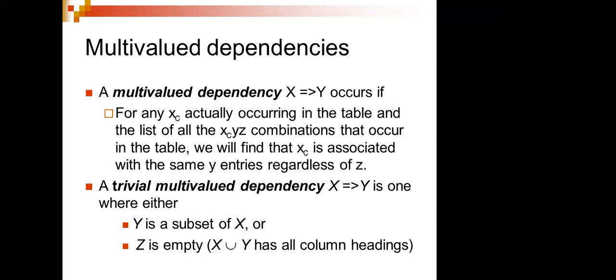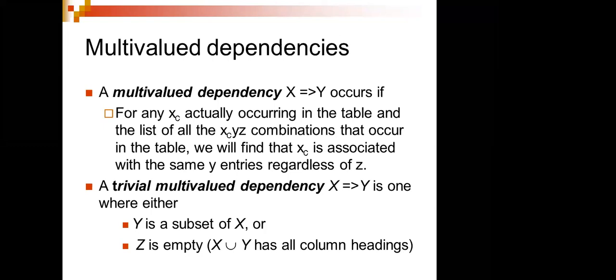Now when I go with the trivial multi-value dependency, again it is the same thing. X to Y is trivial if either Y is a subset of X, or X and Y together make up all the column headings, meaning one person belongs to that particular part. X is an attribute, Y is an attribute. For example, roll number is there and name is there.